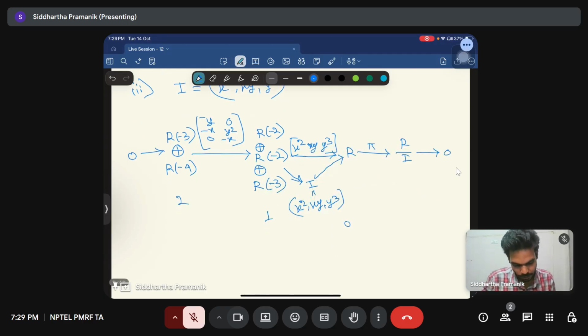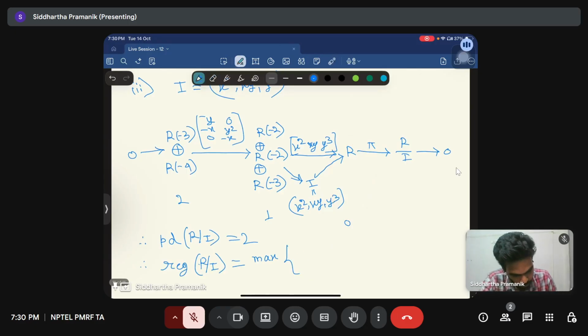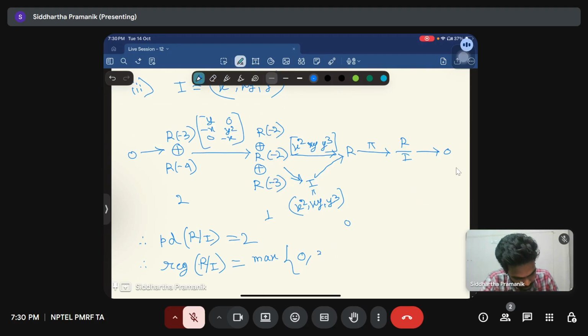Right. Now using this, we can find the regularity and projective dimension. So projective dimension is 2. That is clear. So projective dimension of R mod I is again 2. But what about regularity? So regularity is the maximum of, here in the 0th part it is 0, but in the first position 3 minus 1, 2 minus 1, 2 minus 1.